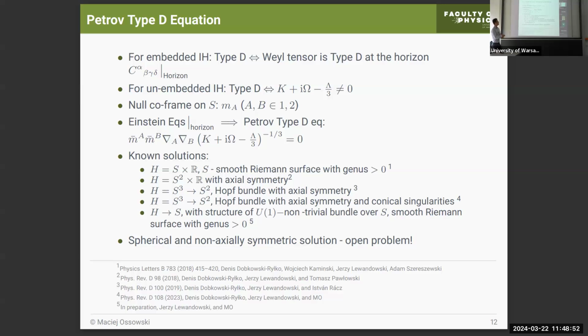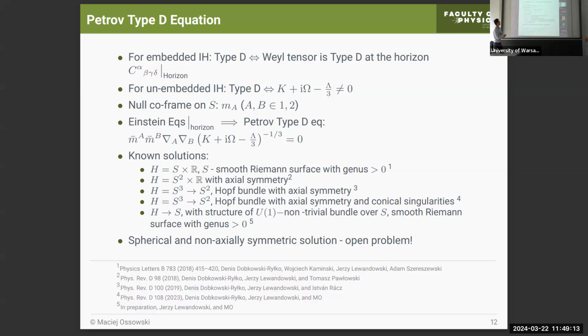However, it can be stated even locally in terms of an invariant quantity constructed from the Gaussian curvature and omega and some constant. If this is non-zero, then such a horizon would be embeddable as a type D horizon.